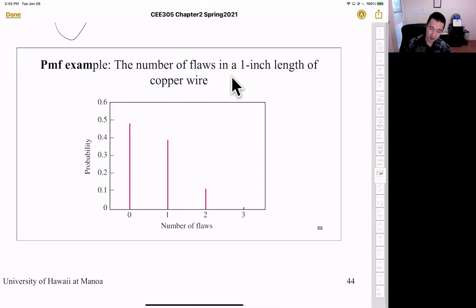The height on the y-axis is probability. For example, the probability of 0 flaws is 48%. So that is the probability mass function. It gives us the full description of the probability for each of all the possible outcomes.